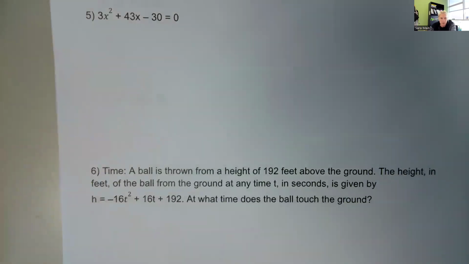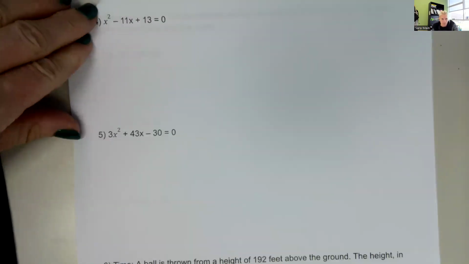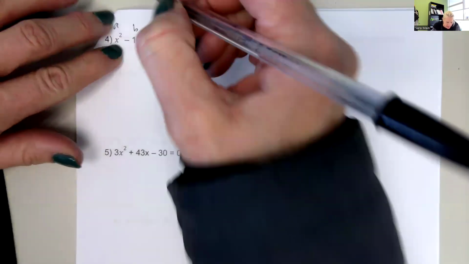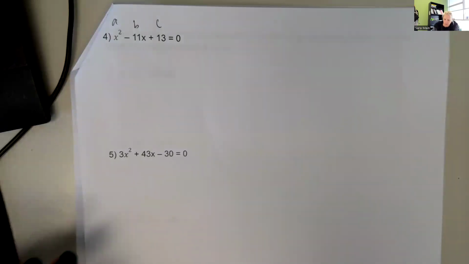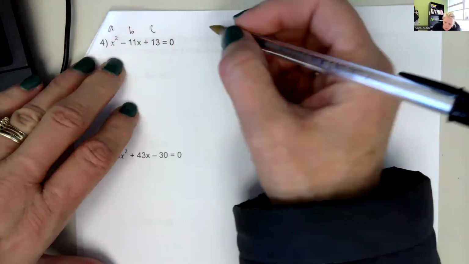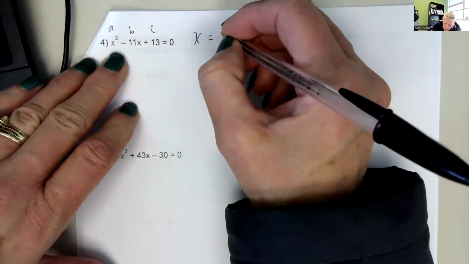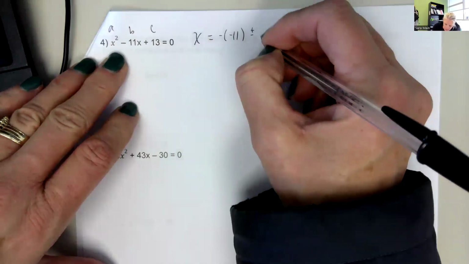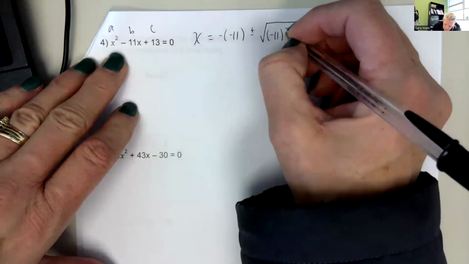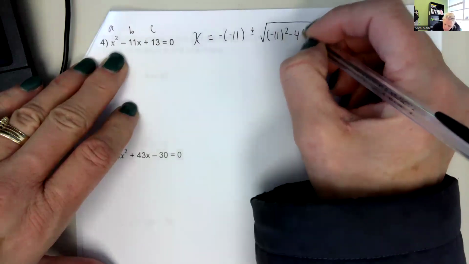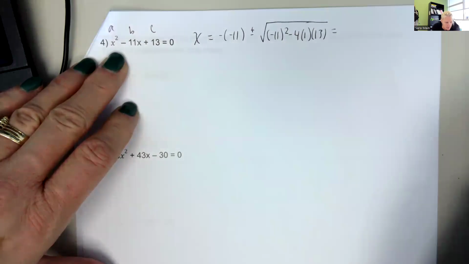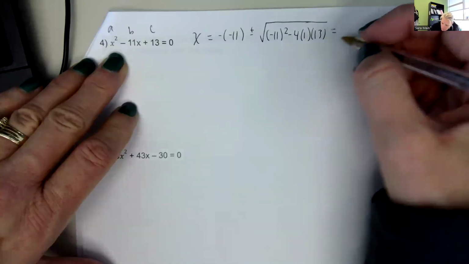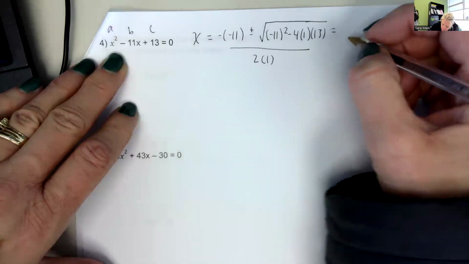Then we have question 4. Again, it's set up, so we've got A, B, and C. And so when we put that in, we get x equals the opposite of a negative 11 plus or minus the square root of a negative 11 squared minus 4ac, all over 2 times a.